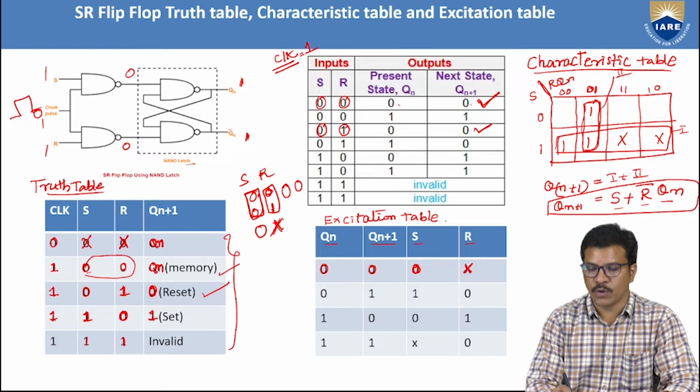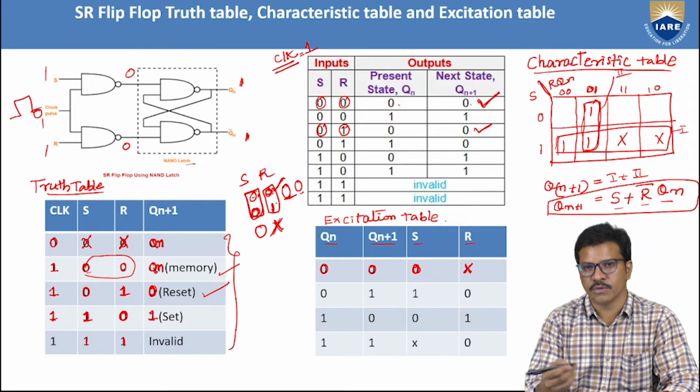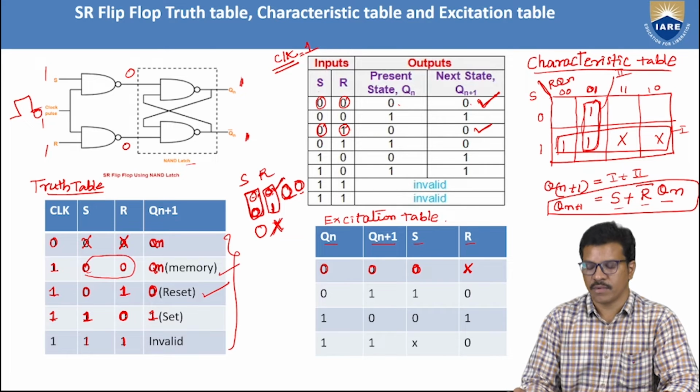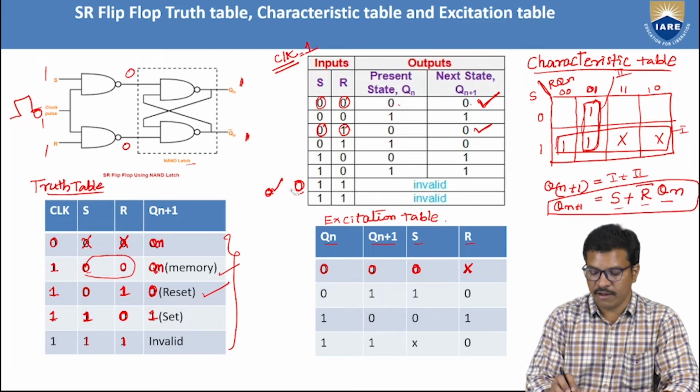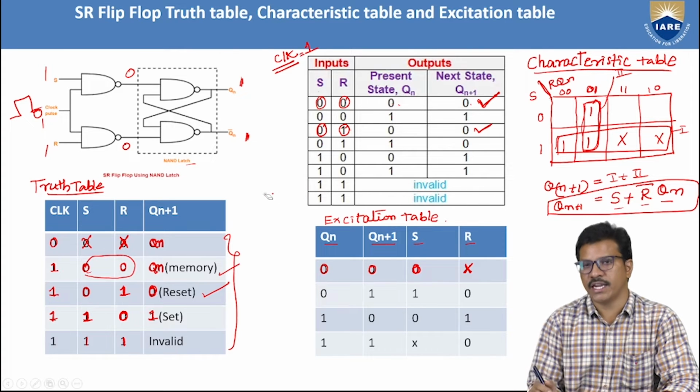And R equal to don't care means whether R is 0, with S 0, R 0, you will get present state 0, next state 0. S is 0, R may be 1, and then also you can get the same present state 0, next state 0. In this way, we can define the excitation table.